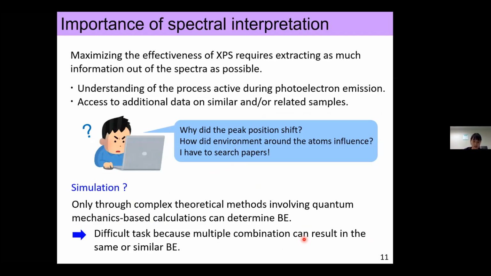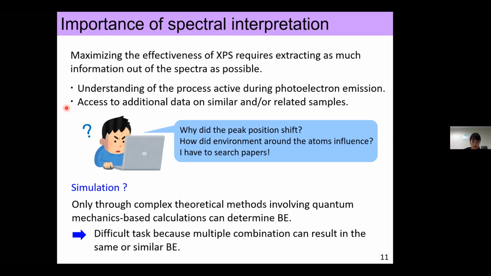Maximizing the effectiveness of XPS requires extracting as much information out of the spectra as possible. To do so, an understanding of the processes active during photoelectron emission and access to additional data on similar and/or related samples are required.